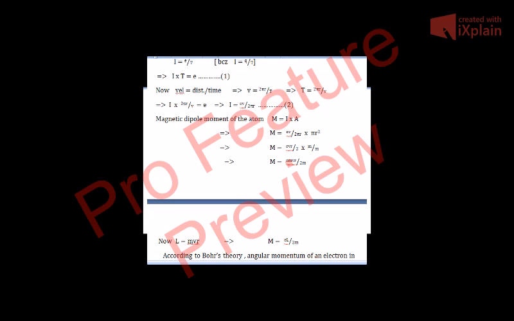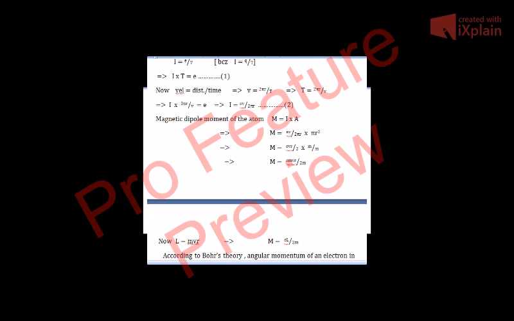So pi and pi will cancel, and one r and one r will cancel. Ultimately we will get M is equal to EVr by 2. Here I have multiplied and divided whatever remains in this equation by m. So M will be equal to EmVr by 2m.